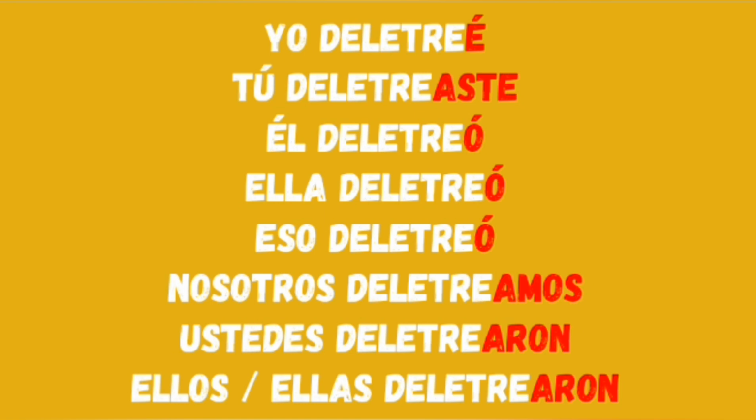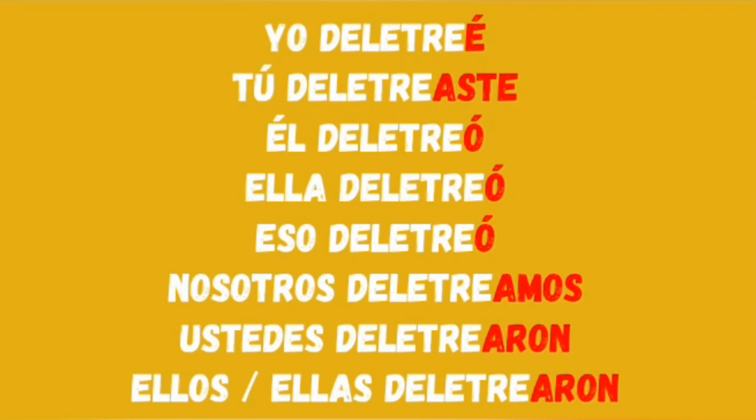If you want to say I spelled, you have to say yo deletré. See, the root word is deletr and then e with an accent. If you want to say you spelled, you have to say tú deletreaste.